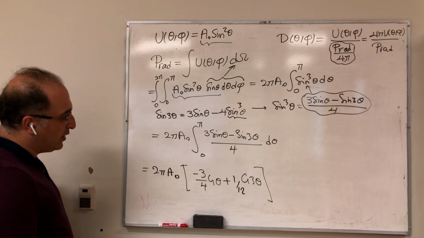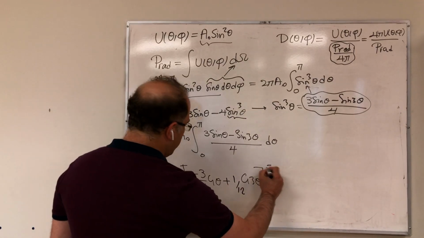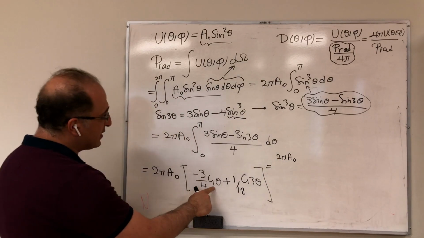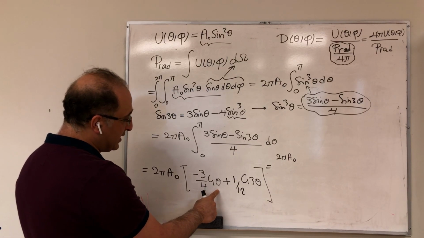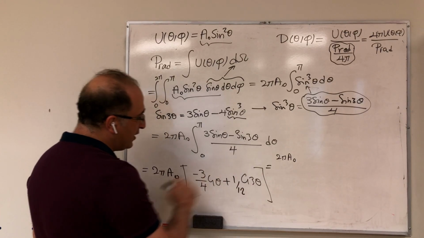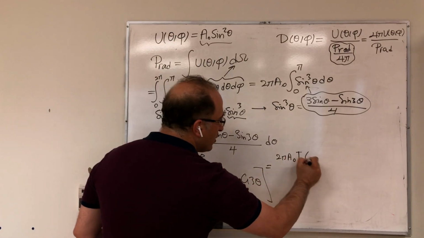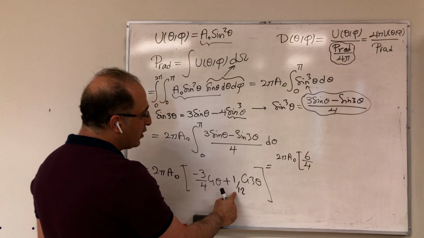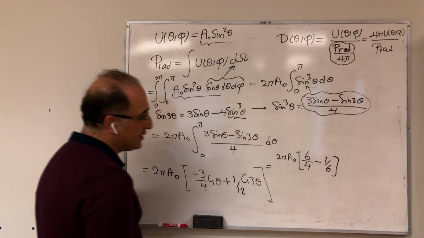Okay, so if I calculate that, this is going to be 2 pi a naught times cos pi minus cos 0, that's going to be minus 2. And this is the same thing here, so this is going to be minus 2, times 3 divided by 4. And this is going to be again minus 2 times 1 over 12, that would be minus 1 divided by 6.